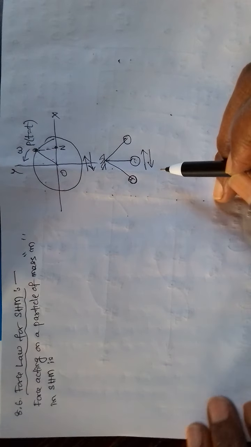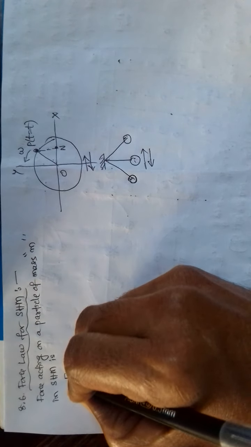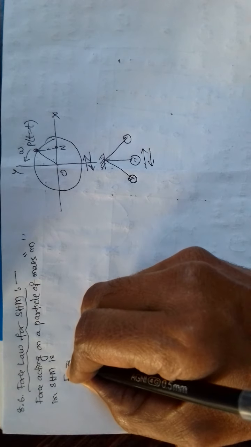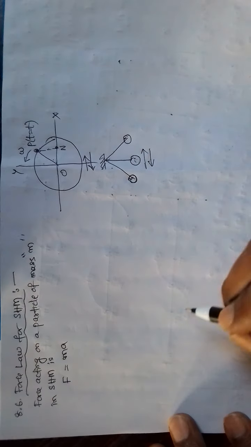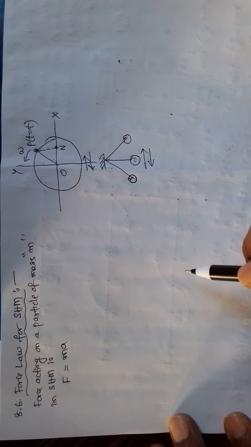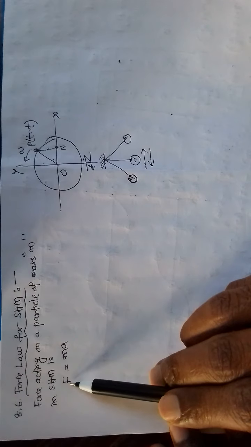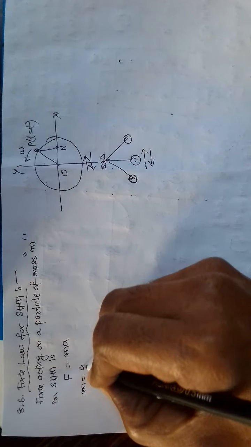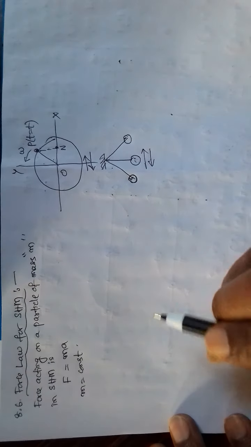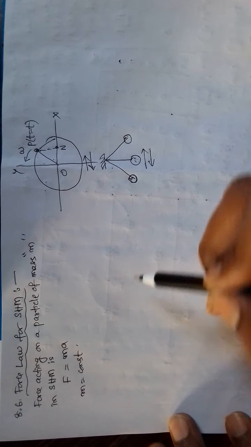Okay, now according to Newton's second law, force acting on a particle is ma. Here a means acceleration, F means force, m means mass. Of course mass is constant, always mass is constant. What about acceleration?